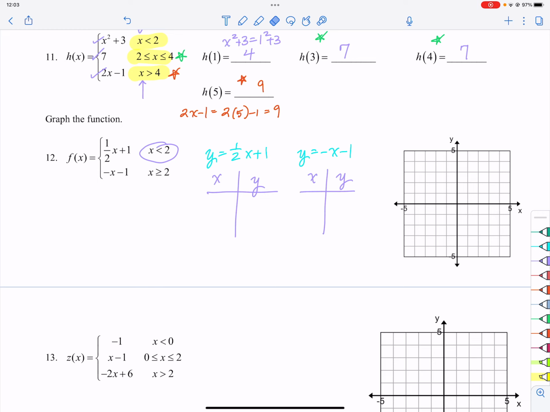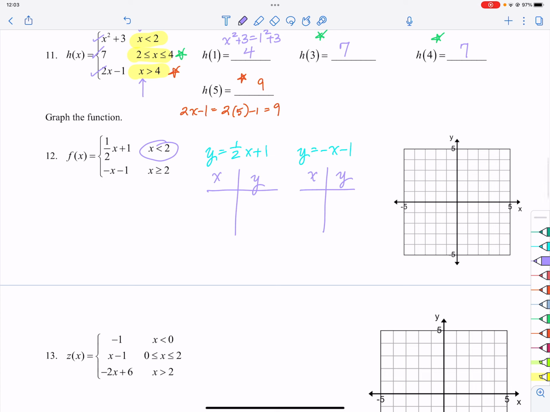We can have maybe a 0. Let's actually put 2 on there and see where we'll have an open point, at 2. And then we can use 1, or we could use 0, and we could use -2. How about that? Because those will fit well in the equations. Let's plug those in now.